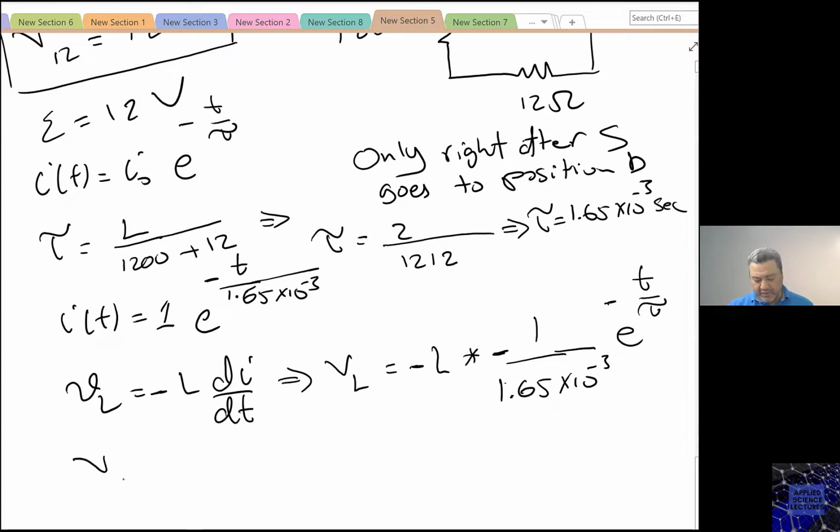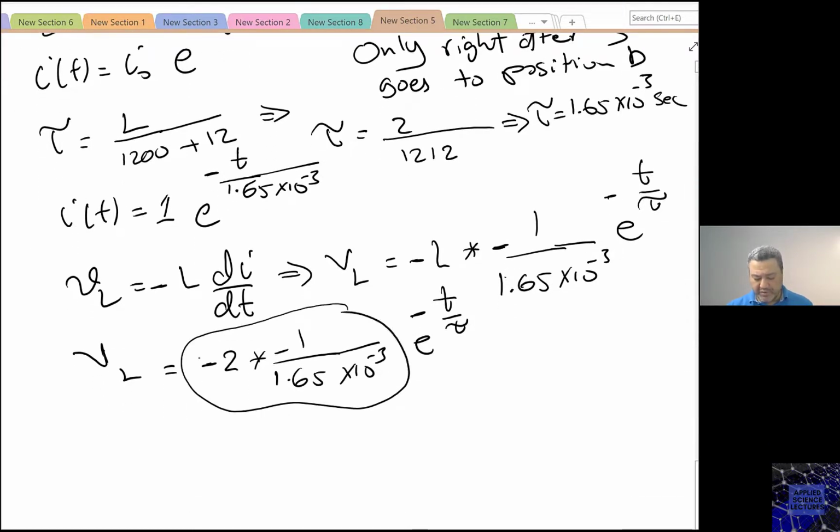So VL equals minus 2 times minus 1 over 1.65 times 10 to the power minus 3 e to the minus t over tau.